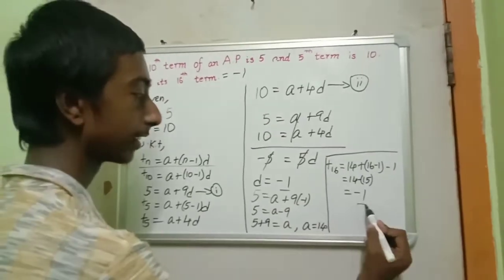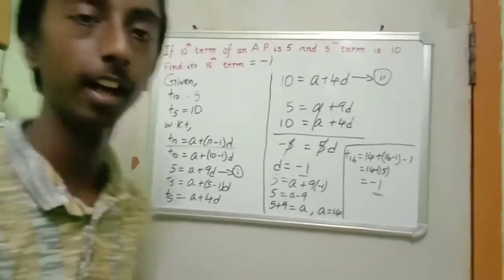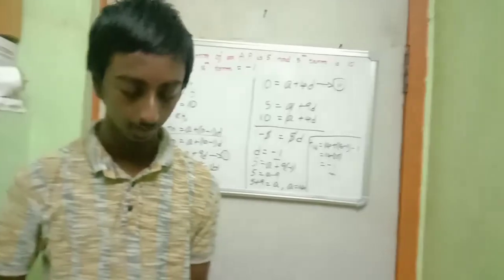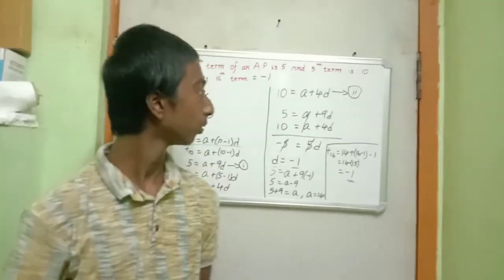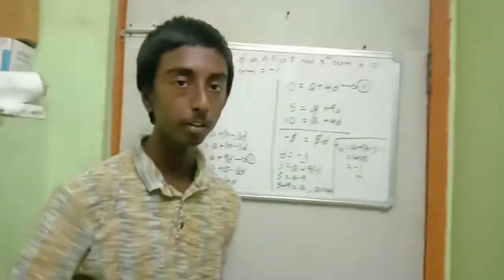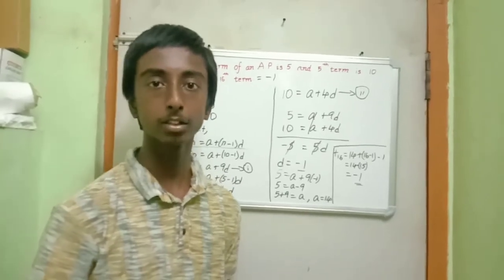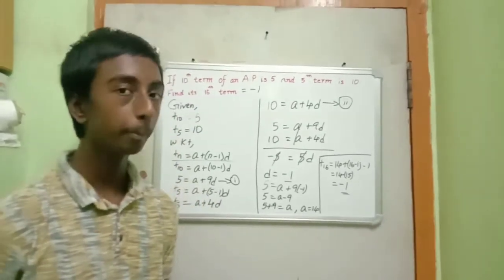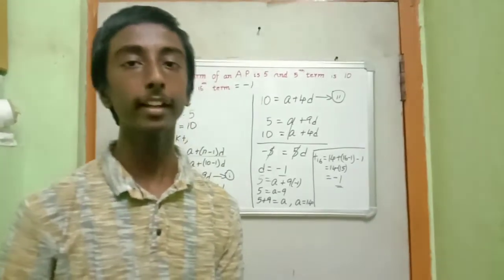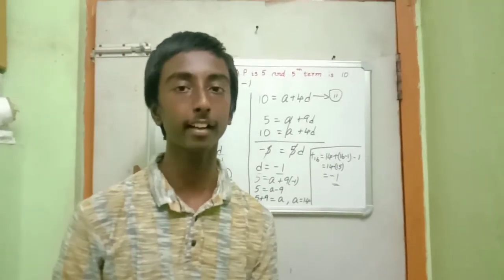Yes, the answer is correct, same as with the trick. So it takes more than 2-3 minutes for an intelligent student also, but by this trick we can do it in less than 2-3 seconds.